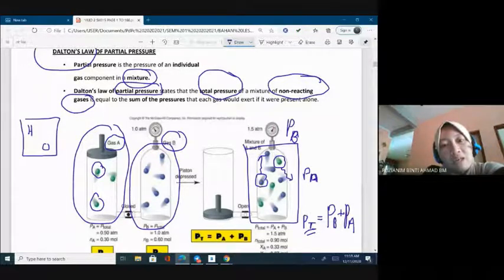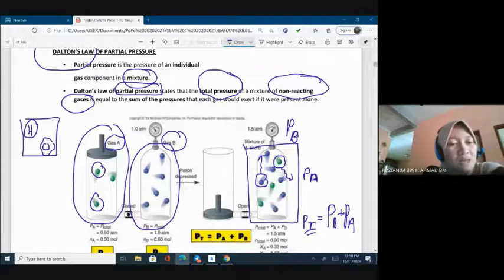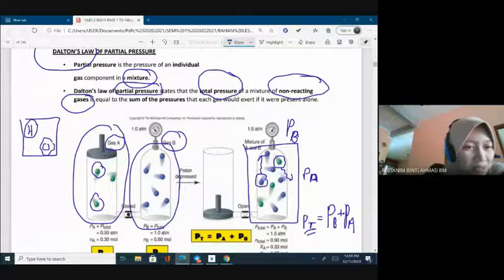Hydrogen and oxygen can be reacted together or not? Hydrogen gas and oxygen gas in the same container, can they react with each other? Can or cannot?